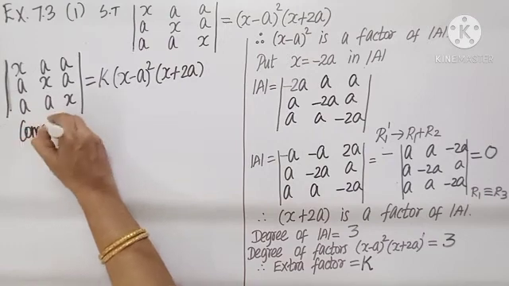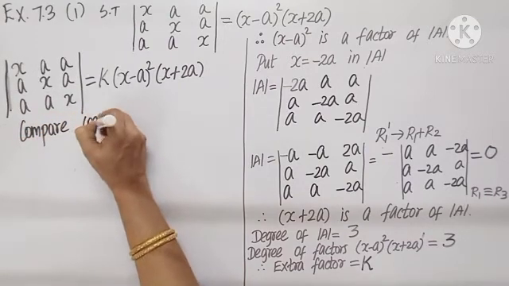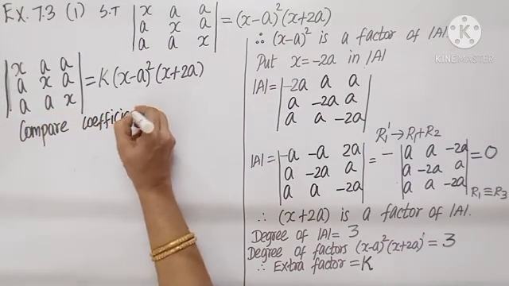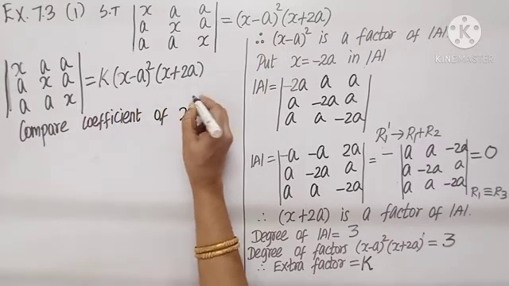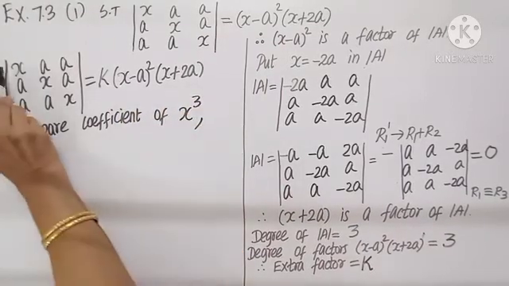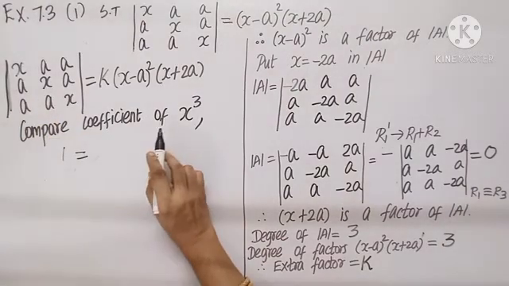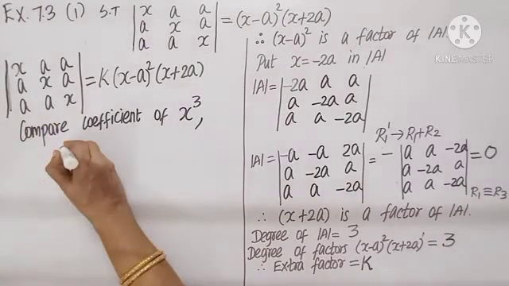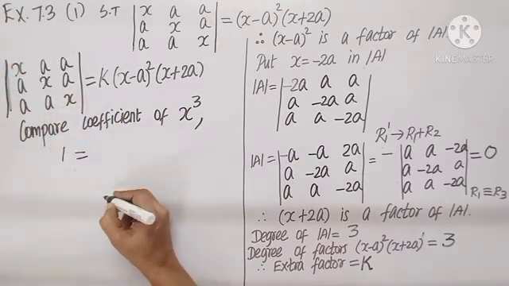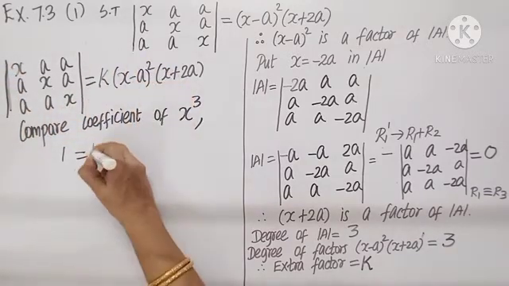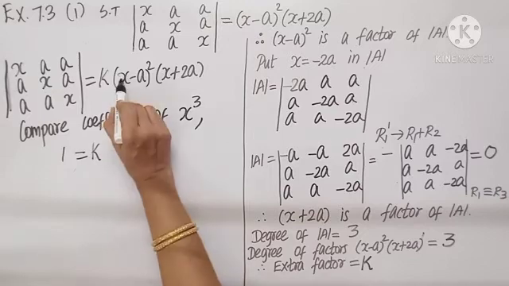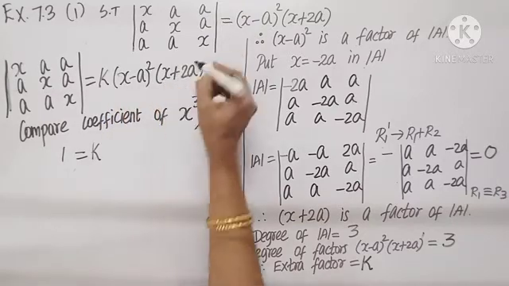Let us compare coefficient of x cube on both the sides. How do I get coefficient of x cube? Here I have x into x into x. I have the coefficient of x cube is 1 in the LHS. In RHS, k into, this is x square, this is x power 1.